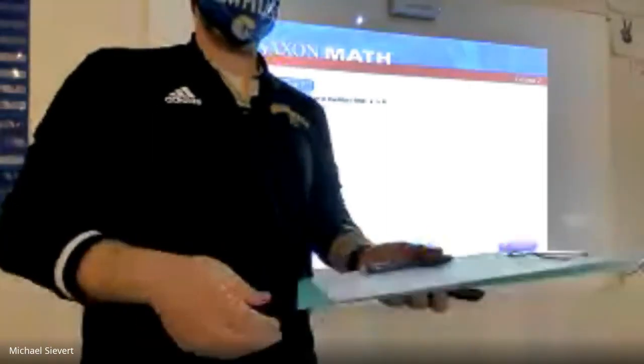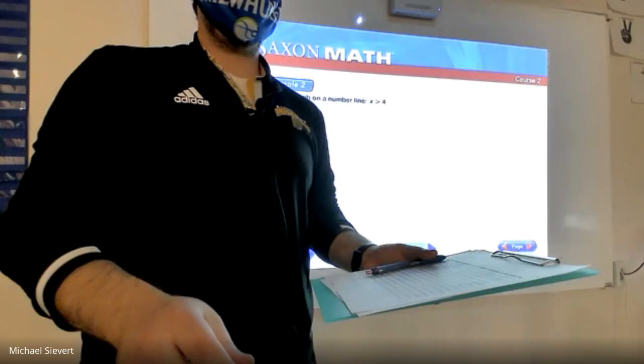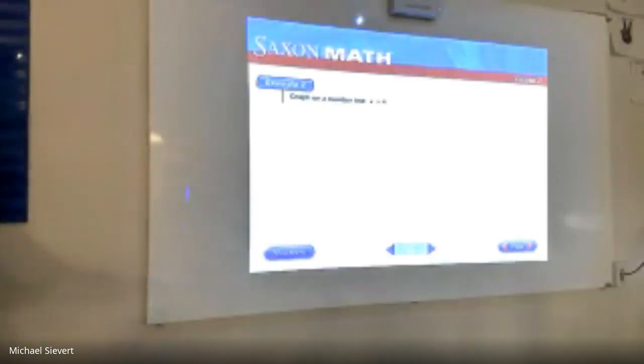What's with the attitude? So you copy down example 2, write down the problem, make that same number line you did for example 1. Then you got to answer it yourself. Is it a circle or a dot?